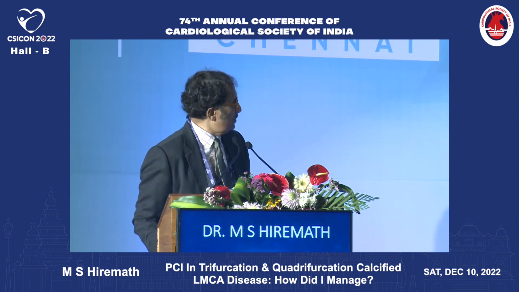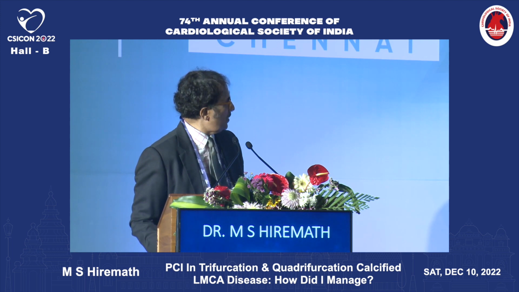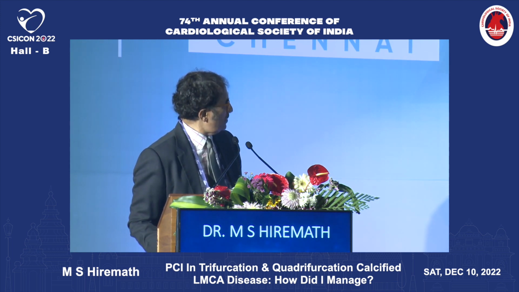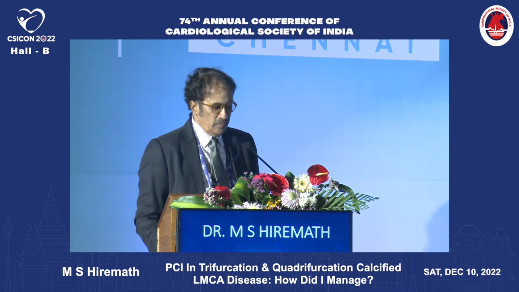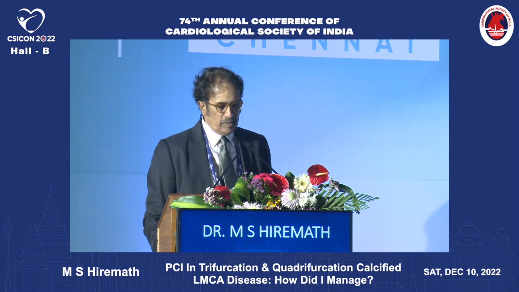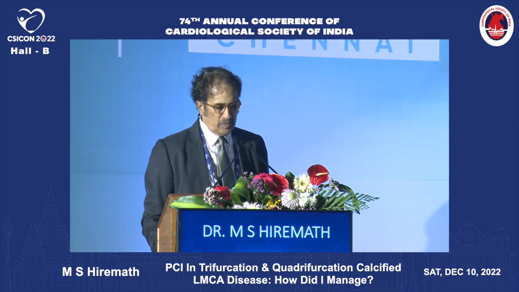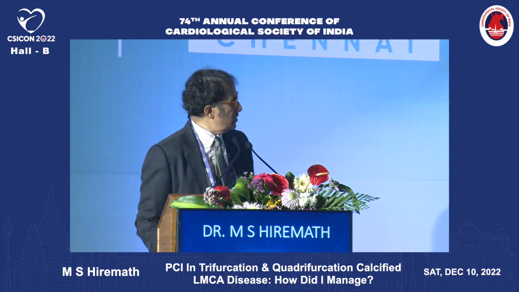So this takes a little extra steps, but the first stent was in proximal LAD. Next one was from left main to join the LAD stent, and then we are getting ready to deliver the stent from left main to OM1.